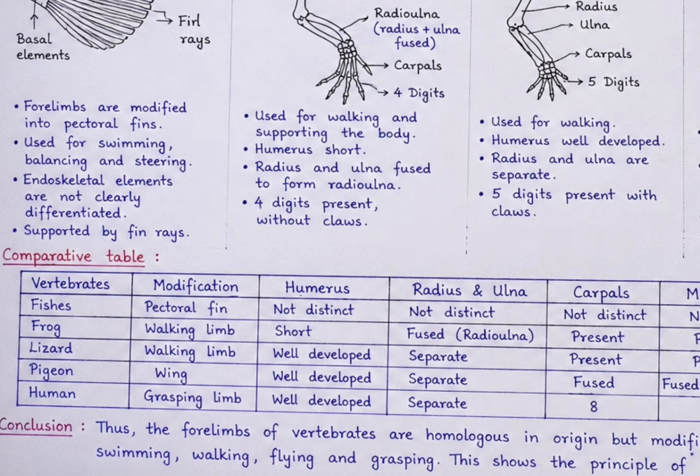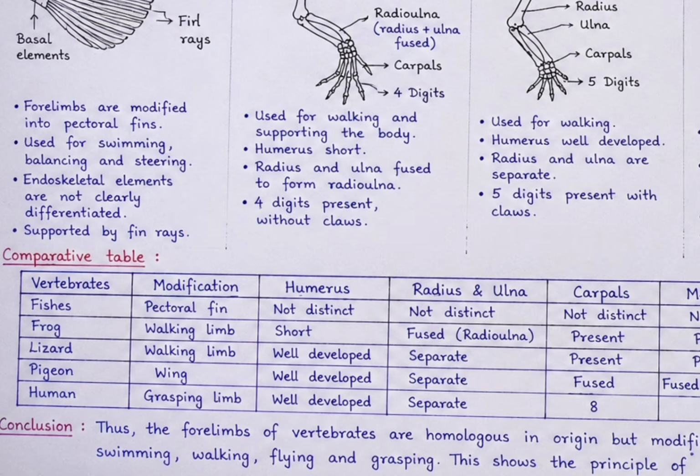In pigeon it becomes a wing, in humans a grabbing limb. Next is the humerus. In fishes there is no distinct humerus. In frog it is short or reduced, not developed. In lizards, pigeon and humans, it is well developed.